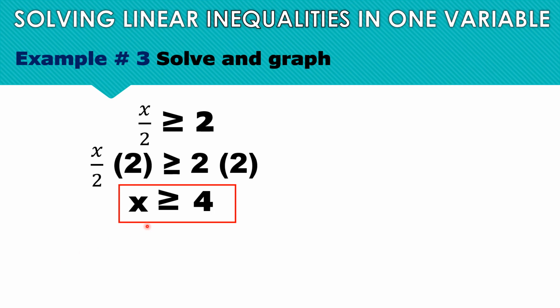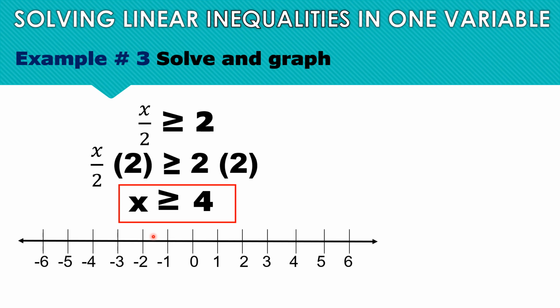So we will now graph x is greater than or equal to 4. We need to draw a closed circle at 4 since our inequality symbol is greater than or equal to, and we will shade it beginning at 4 and extend it to the right.